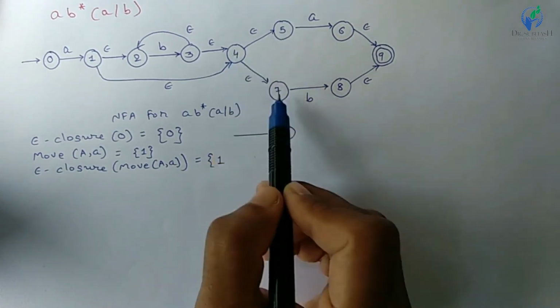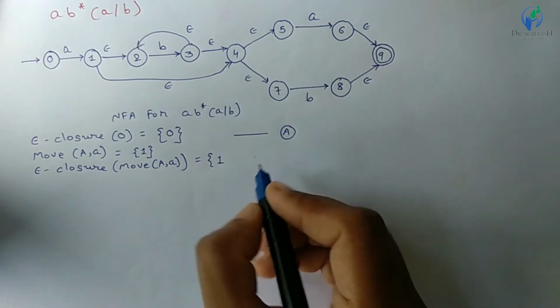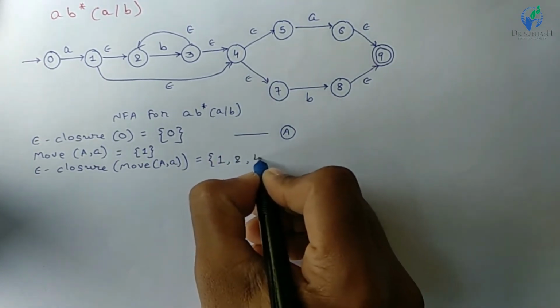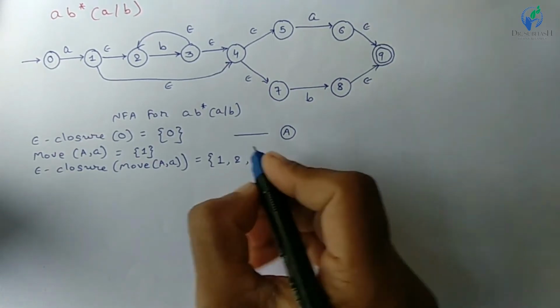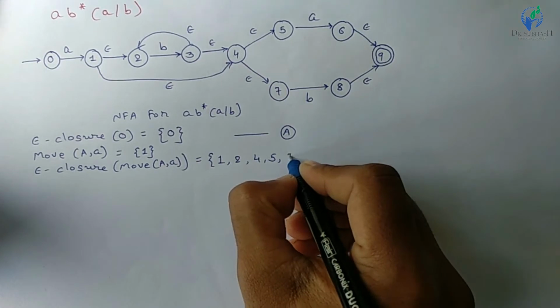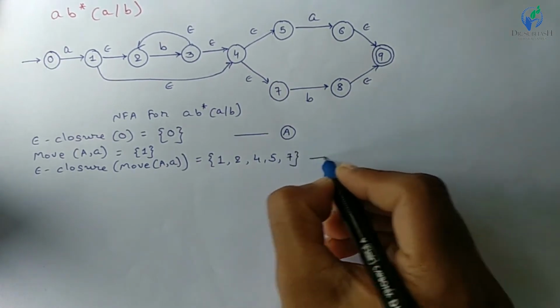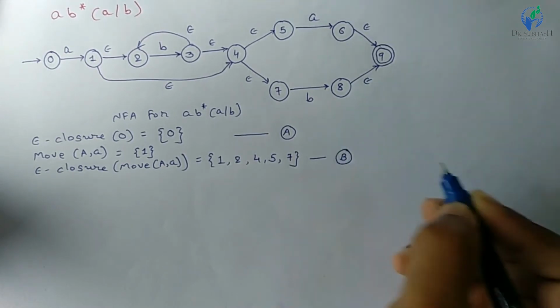Whenever you reach 4, do you have any other epsilon transition? Yes, it's 5 and 7. So epsilon closure of move(A, a) equals 1, 2, 4, 5, 7, which is a new state. So indicate it by B.